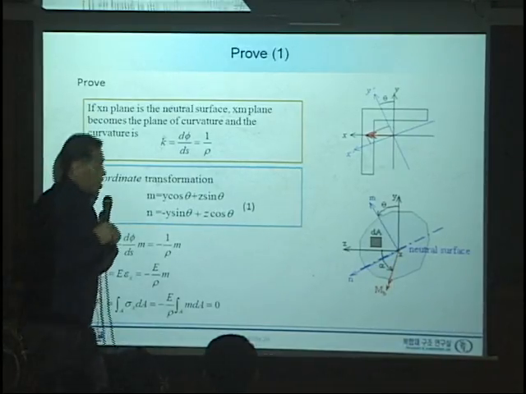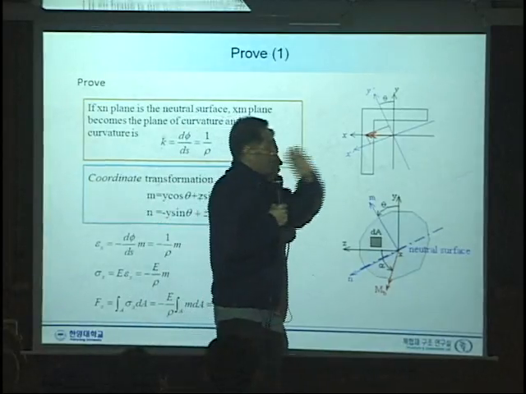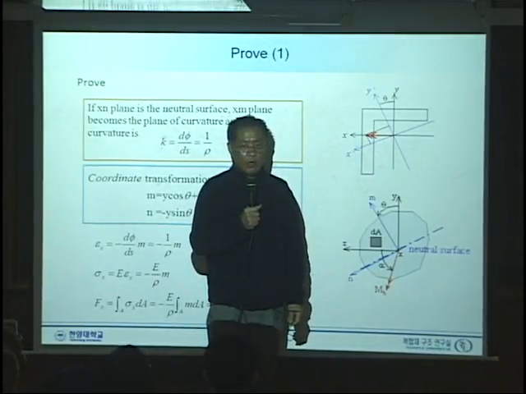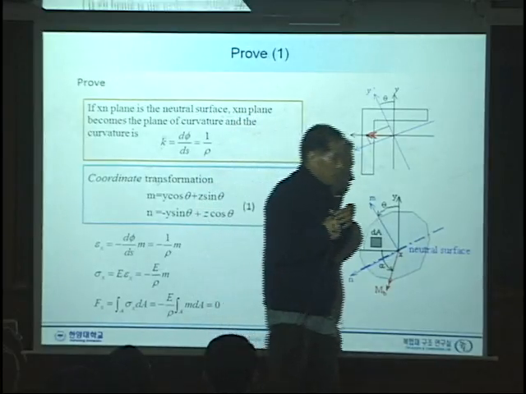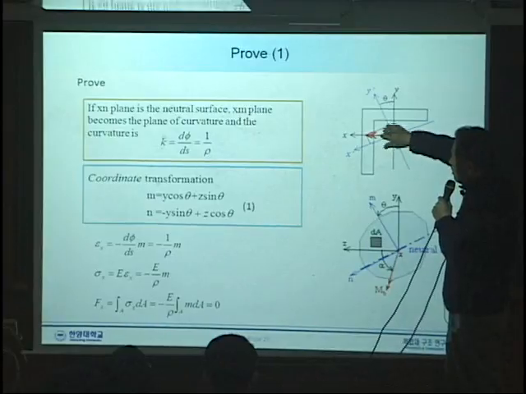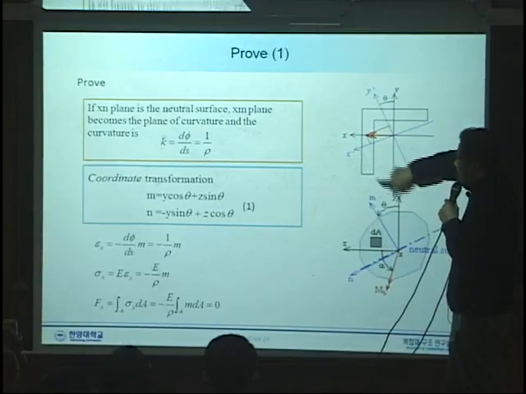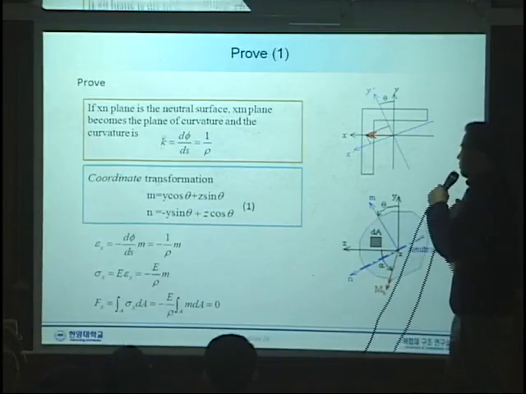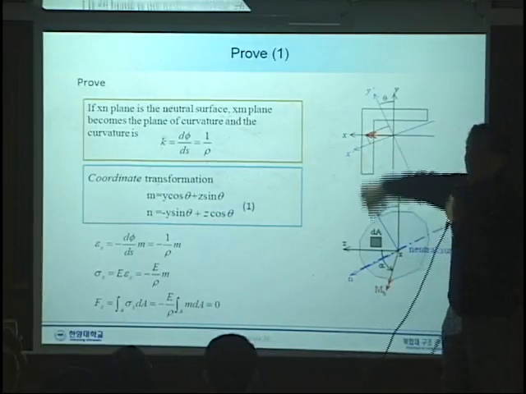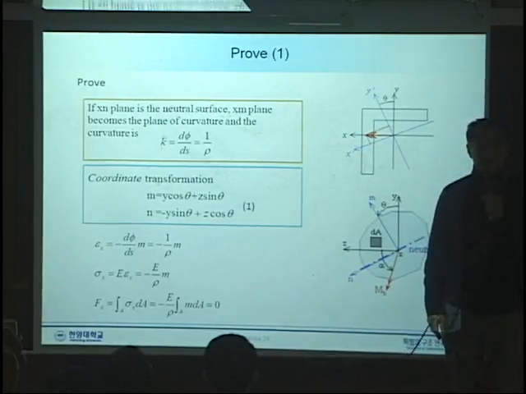Okay, first of all, whatever moment we apply, let's assume this beam will have a curvature in certain directions, x prime and y prime. And let's assume this x-axis is the axis where we apply moment.